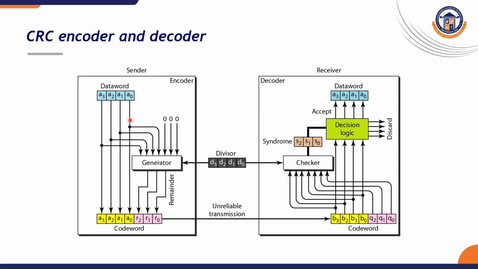With the data word, we generate an augmented data word, where a number of zeros are appended at the end of the data word, and which is given as an input to the generator, where it performs a division operation with a predefined divisor. The division is a modulo-2 division operation where we perform XOR operation, and we get the remainder. We discard the quotient. The remainder will be appended to the data word, so that this will be transmitted through the transmission medium.